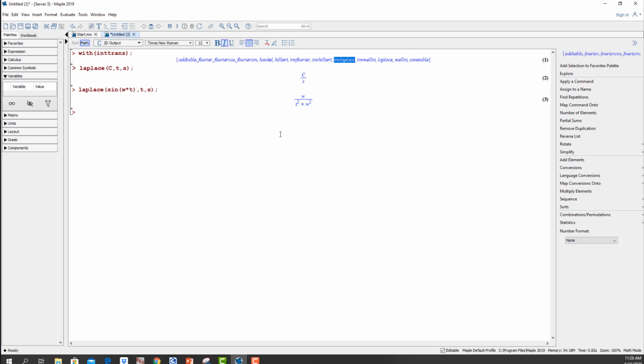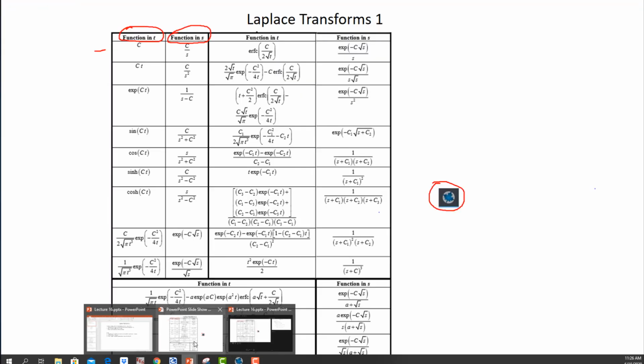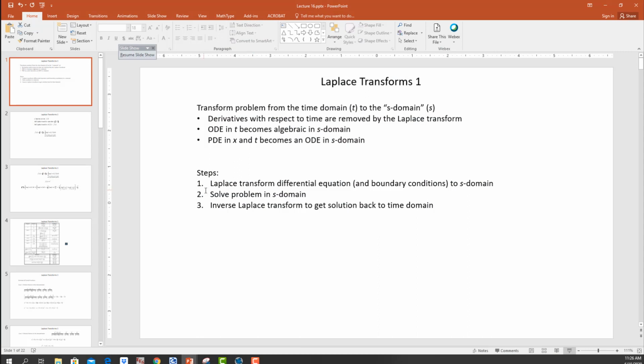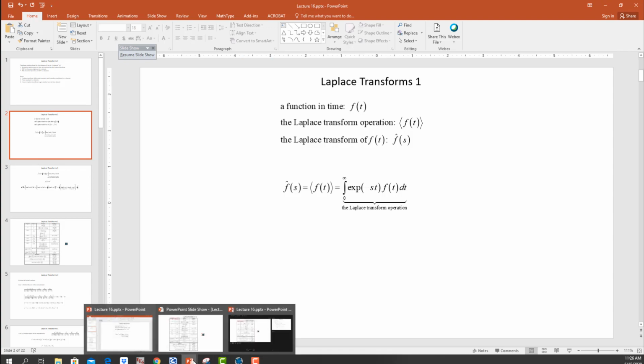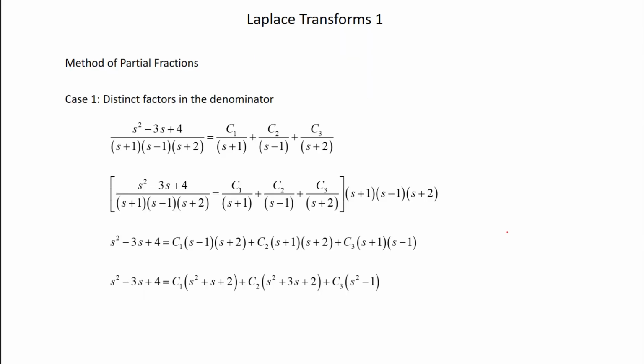And again, Laplace transforming from the time domain to the s domain typically isn't very difficult. And then solving in the s domain is also not that hard. But then getting back from the s domain to the time domain is usually where you run into some hiccups. So the outcome of carrying out a solution in the s domain is very often this really complicated fraction filled with s's, right?